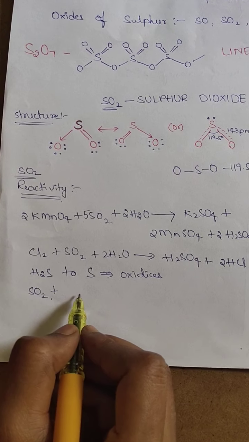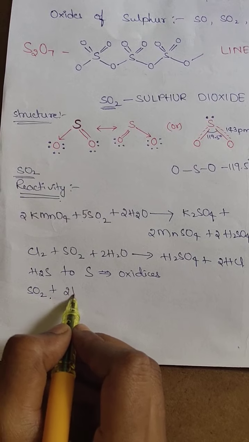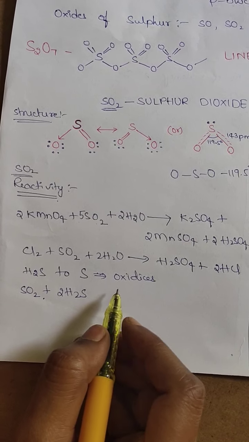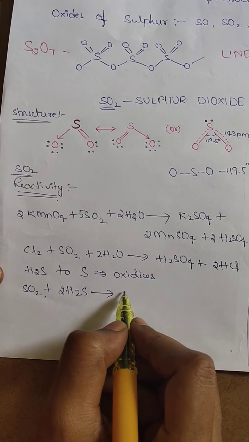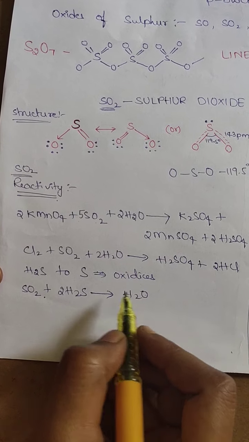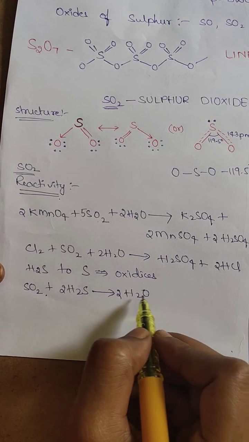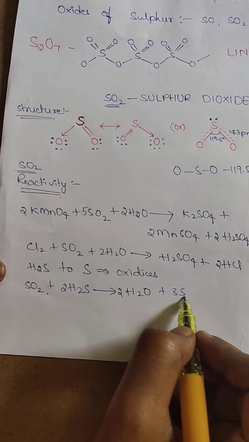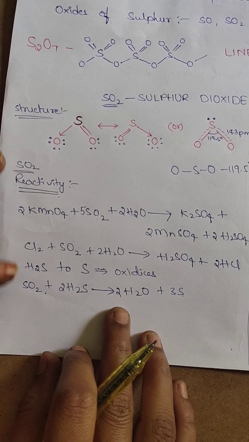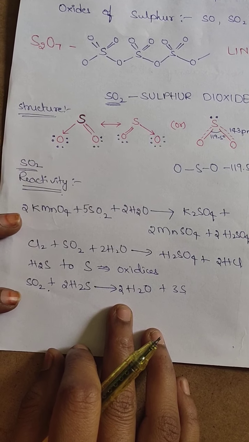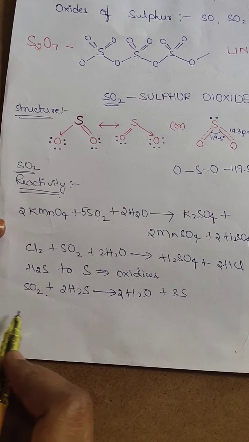Sulfur dioxide reacts with 2 moles of H2S. Then we get 2 moles of water and 3 moles of sulfur. This is about the reactivity of sulfur dioxide. Next one is stability.